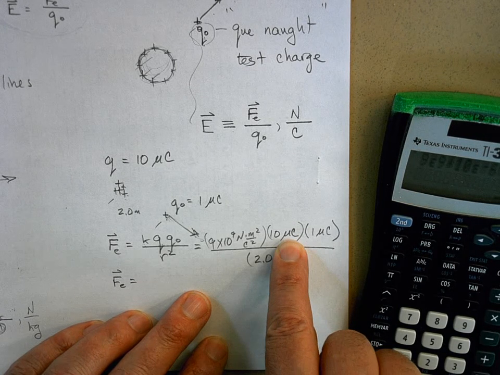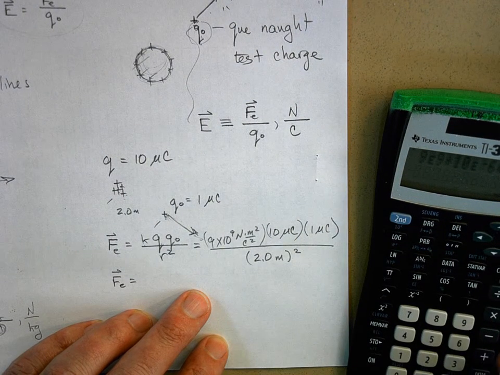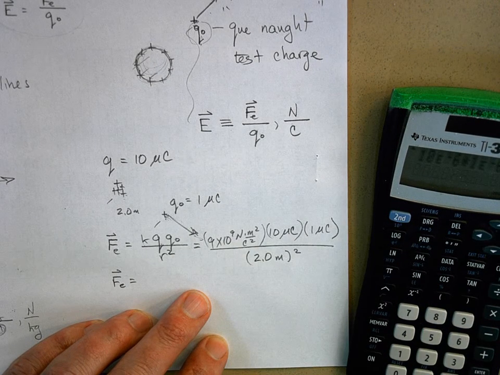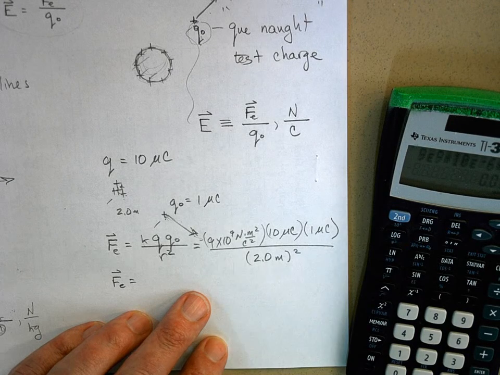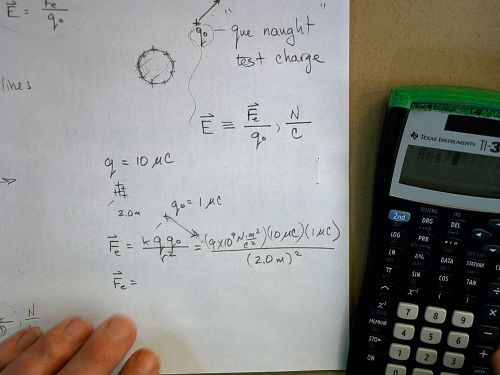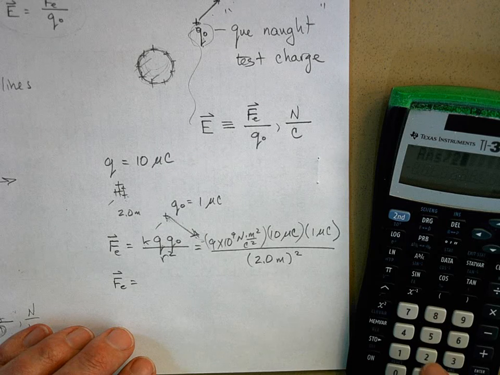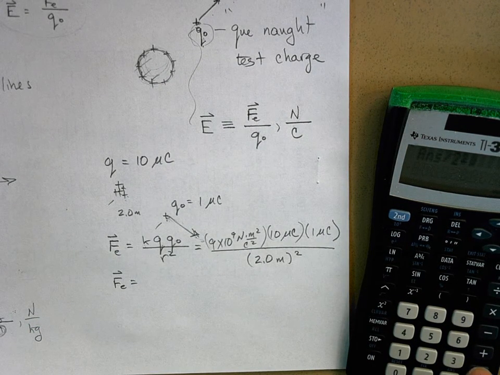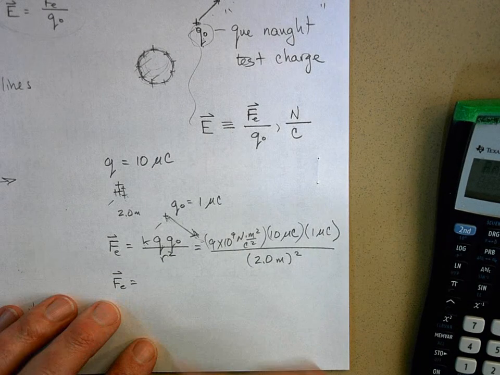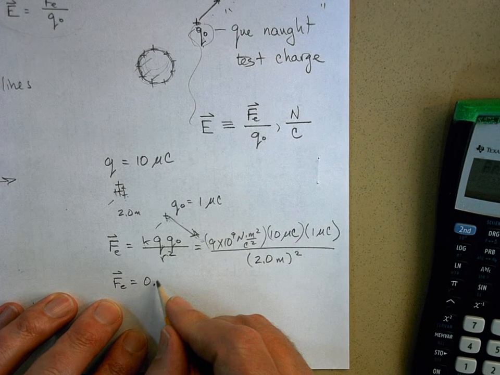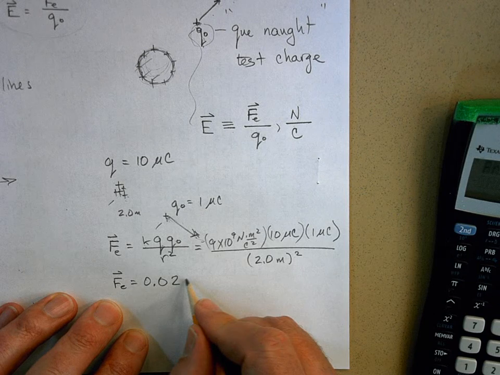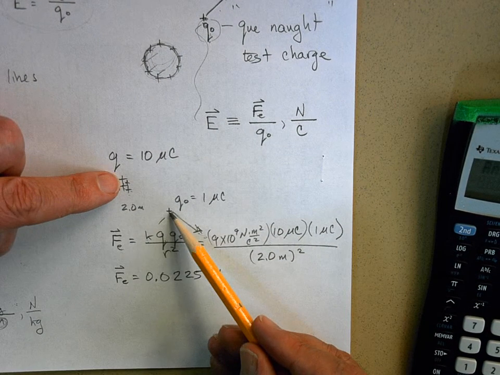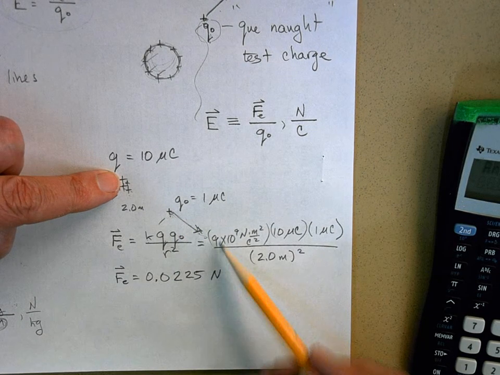Times 1 times 10 to the negative 6, equals, and then I divide it by 2 squared, which I could have just put as 4. And you get a pretty small force, 0.0225 newtons. So that's how much force Q naught feels, the repulsive force, this many newtons.